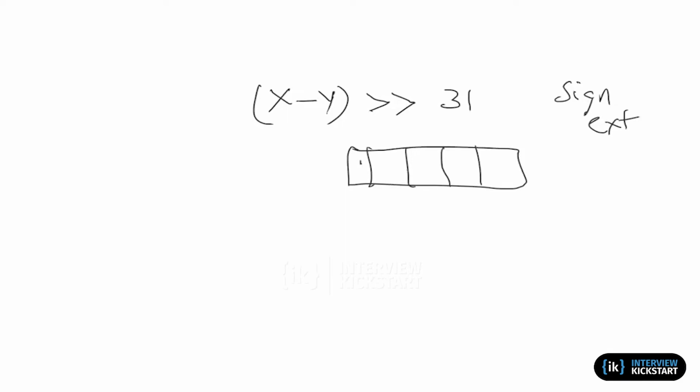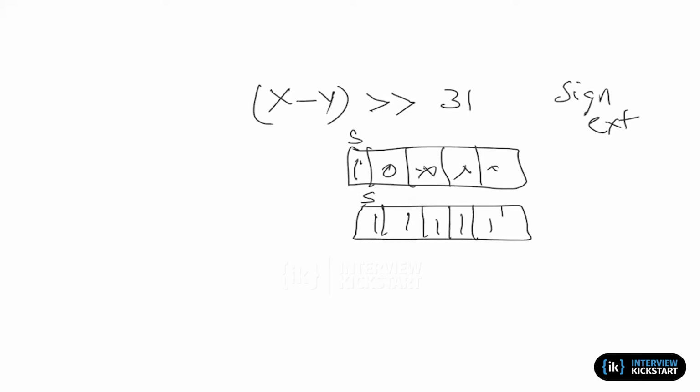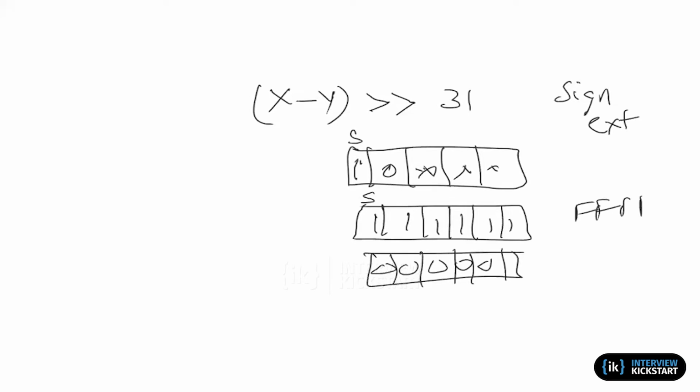The other bits were whatever, don't care. When you do a right shift of 31, the sign bit and all the other bits become 1. And if the sign bit was 0, it becomes 0. So by doing the shift, you get an FFFF kind of value, or 0000.